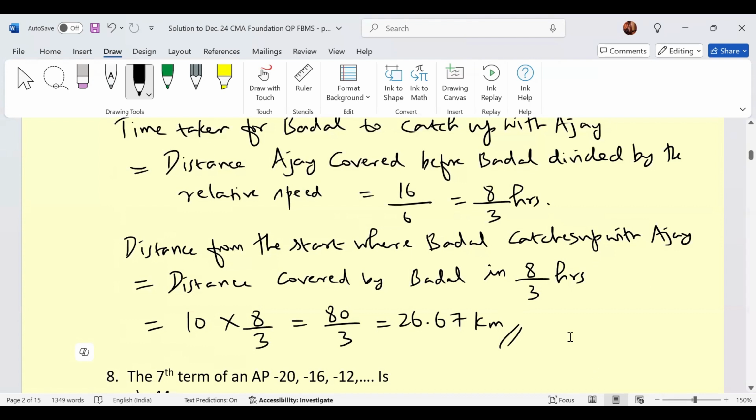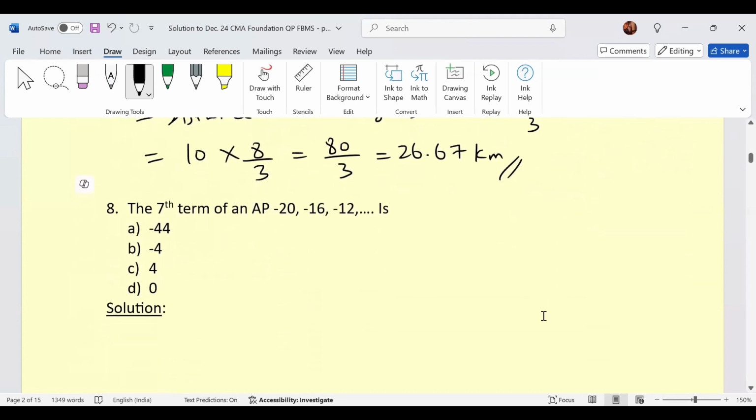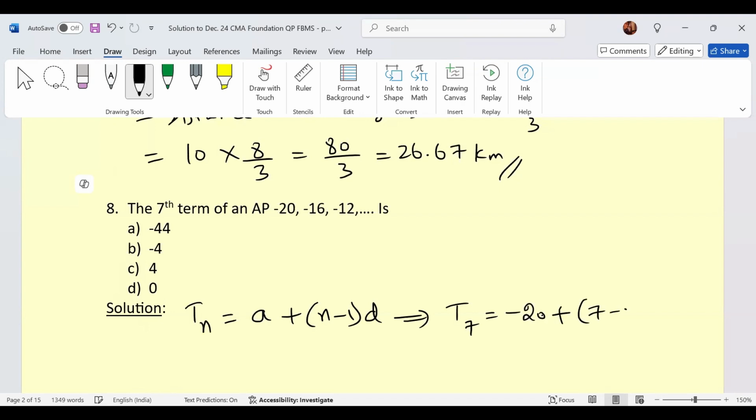Let us move on to the 8th question. 7th term of an arithmetic progression negative 20, negative 16, negative 12 is what? Nth term of an arithmetic progression formula is Tn equal to a plus n minus 1 times d. Here we are interested in T7, that is equal to a, the first term, which is negative 20, plus 7 minus 1 times d.